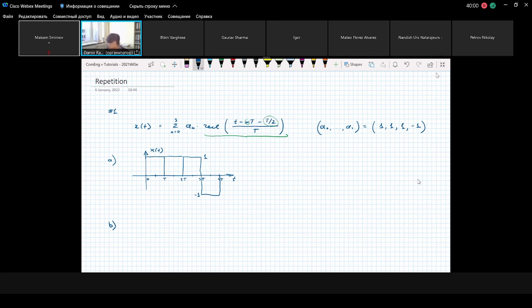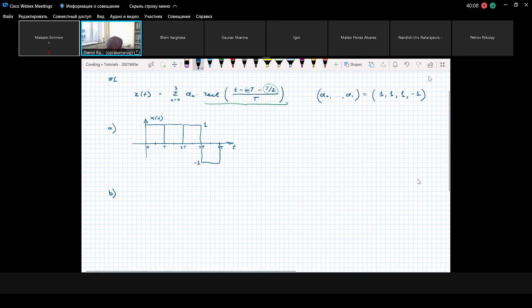In part B, we need to determine the system theoretic energy of the signal. We can say that energy is nothing else but the integral of our signal from minus infinity to infinity, x of t squared dt. And we can replace this integral by a summation.